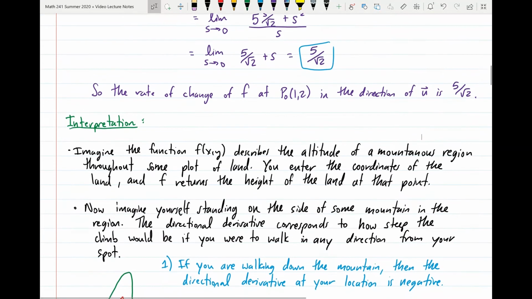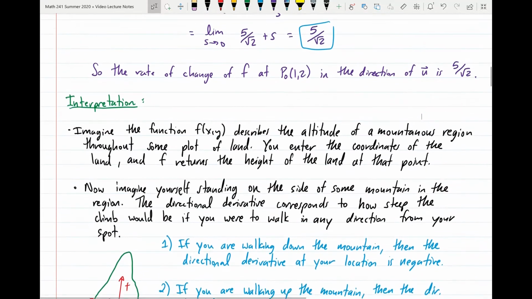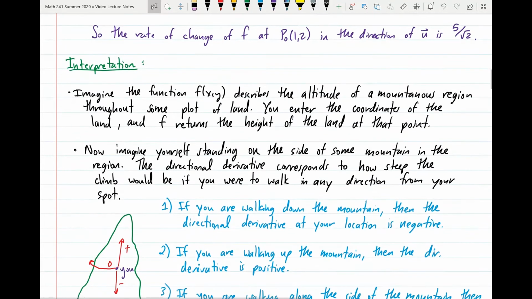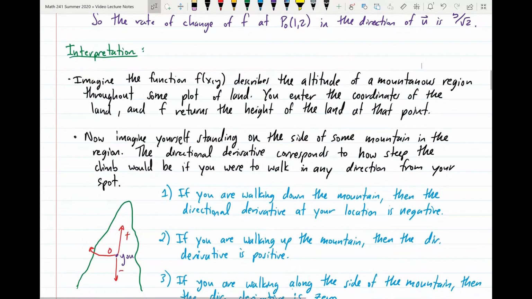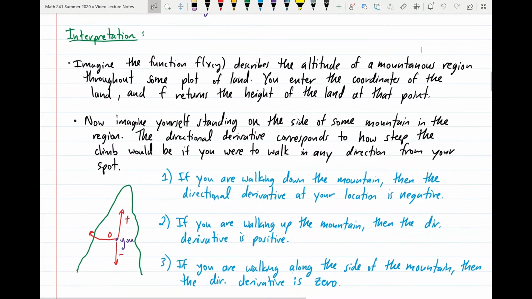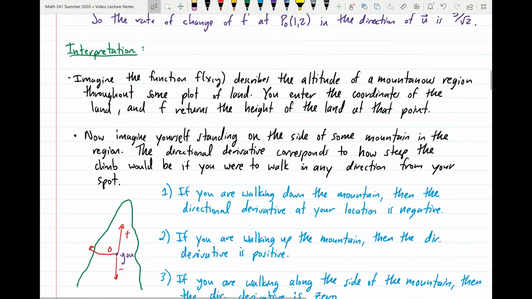Okay, so here I want to go back to the interpretation of the directional derivative. So why do we calculate the directional derivative? What is its purpose? Well, imagine that we have a function in two variables, so f of x, y, and it's going to describe the altitude of a mountainous region throughout some plot of land. So you can think of the plot of land as the plane, and each of the different locations on the plot of land corresponds to some ordered pair.